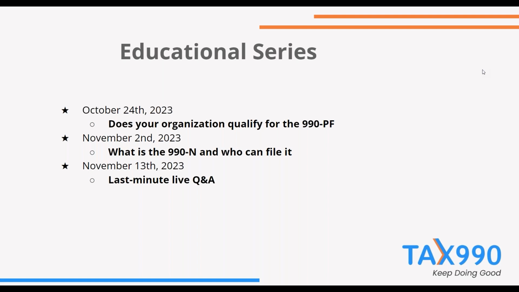And then on the 13th, we're going to do a live Q&A similar to today, but with more time spent on the questions that you have. You can register for all of those webinars now at tax990.com/webinar. Otherwise, we will send some emails out over the next couple of weeks to give you a direct link to register for those.